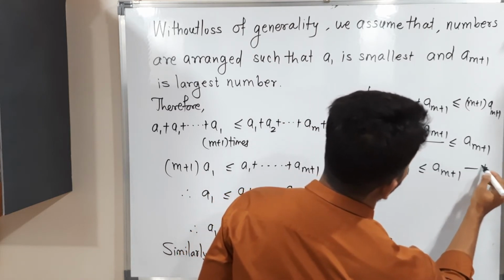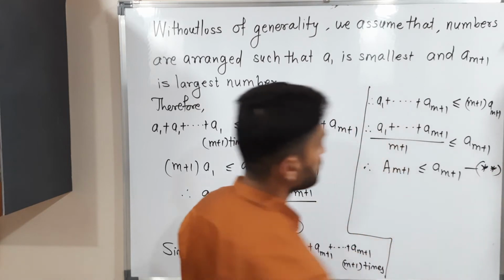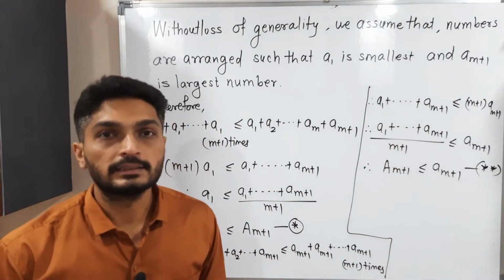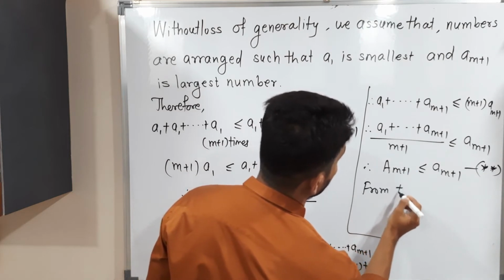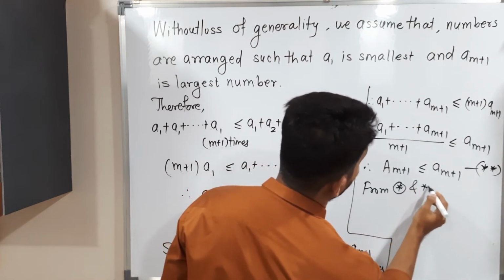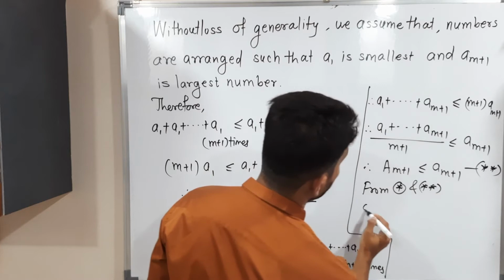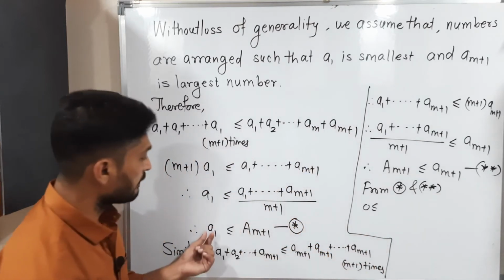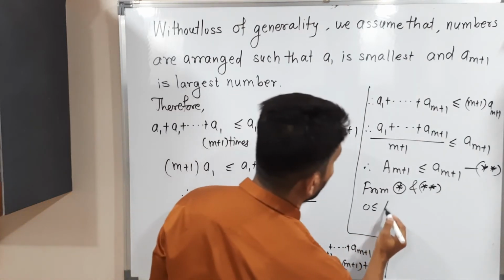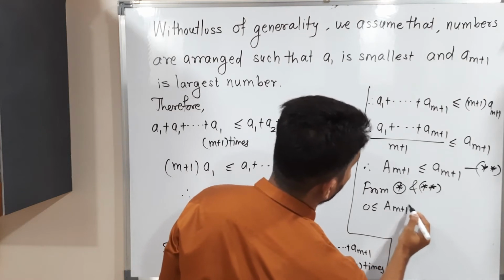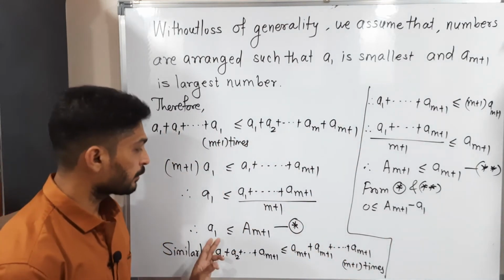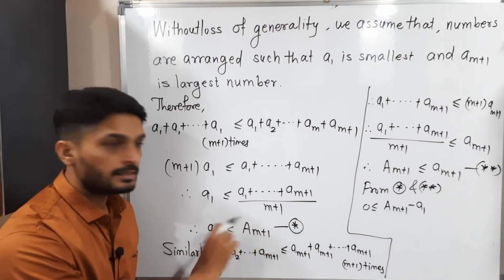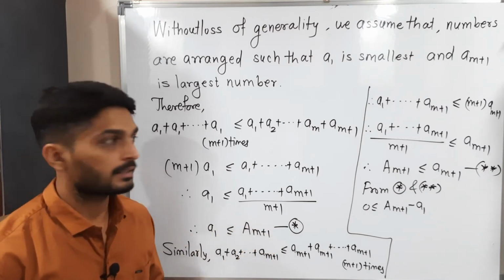This is double star. See, if I combine star and double star, what will you get? 0 less than or equal to, I will shift a1 on that side, a(m+1) minus a1. You are getting my point. From star, what can I write? By shifting a1 on that side, 0 less than or equal to a(m+1) minus a1.